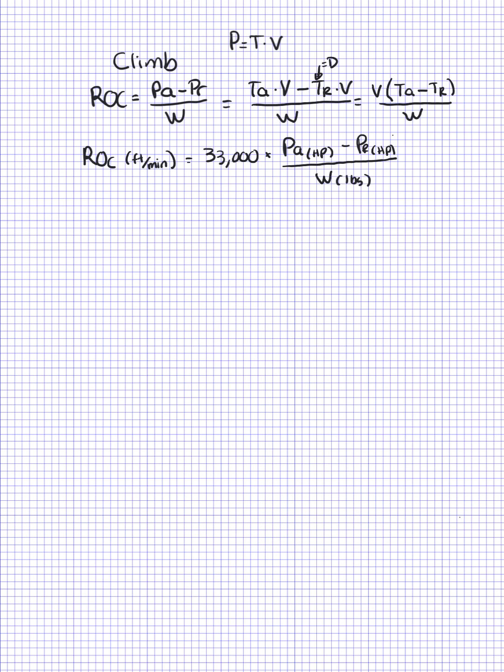This 33,000 is the unit conversion number to use power in horsepower and get rate of climb in feet per minute.